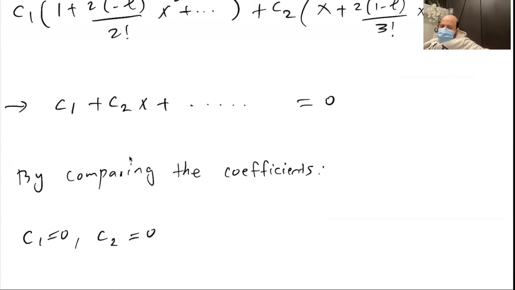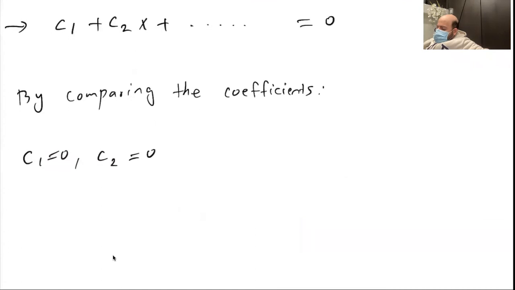So I don't even need to use the fact that the other coefficients are 0 as well. Only the fact that the constant term and the coefficient of x are 0 suffices to conclude that c1 and c2 are both 0, and therefore y1 and y2 are linearly independent.